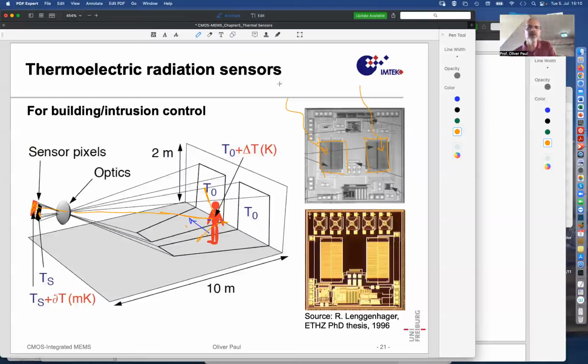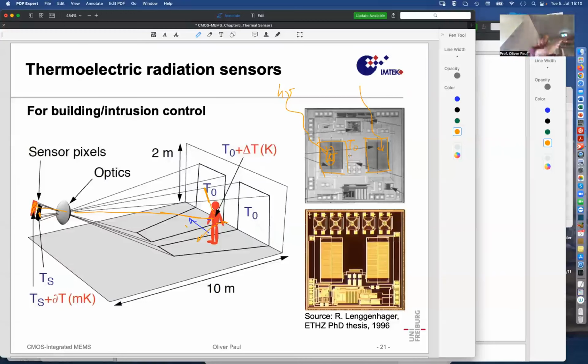Because the thermal radiation coming in will produce a little temperature increase here in the middle of the structure with respect to the surrounding temperature T0 of the chip. And if you now have a differential system, again, you can detect whether one detector is slightly hotter than the other or vice versa, irrespective of the T0. It's not an absolute measurement. But these detectors, in comparison with the pyroelectric detectors, keep their signal.